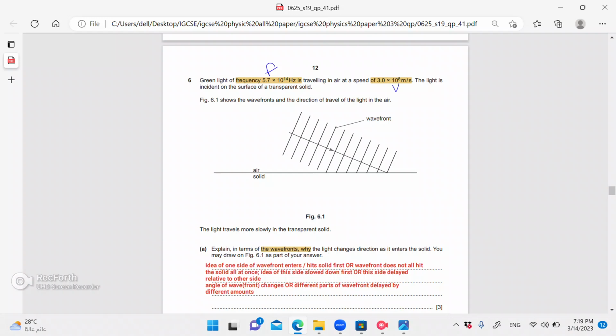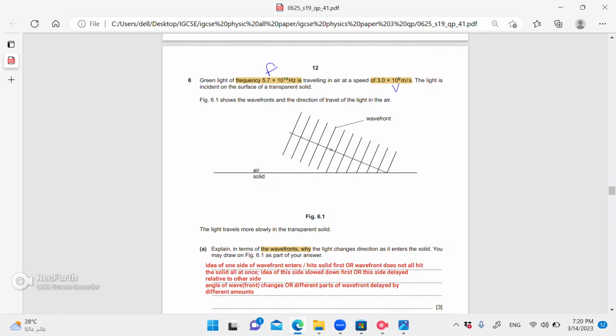Okay, they are asking what are the changes to the wavefront. So the change is all the wavefronts will not hit the solid all together at once. You can write all together. The second point you can write is the angle of the wavefront changes at different parts of the wavefront, delayed by different amounts of time.